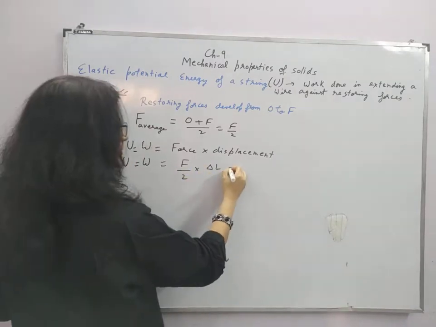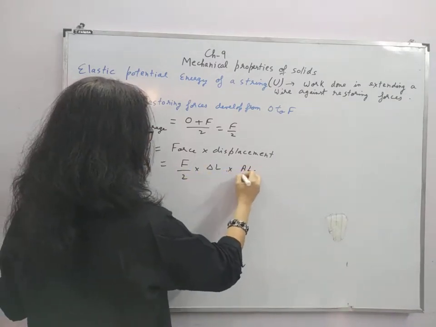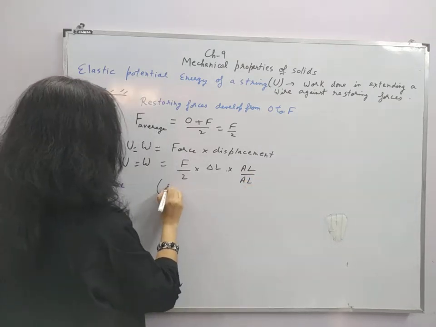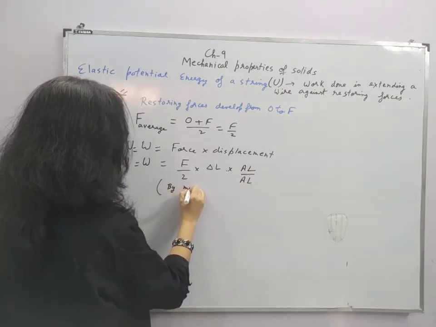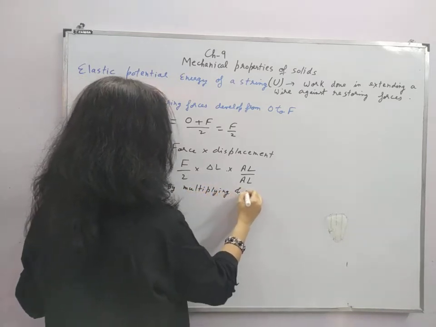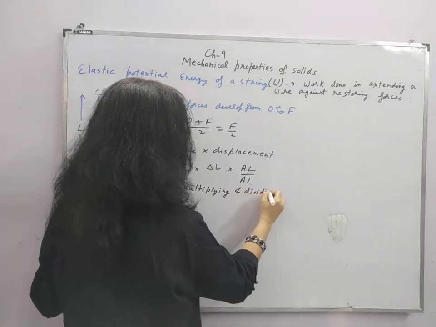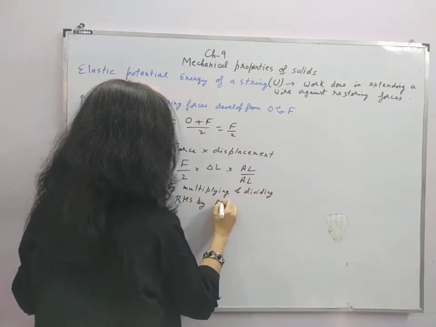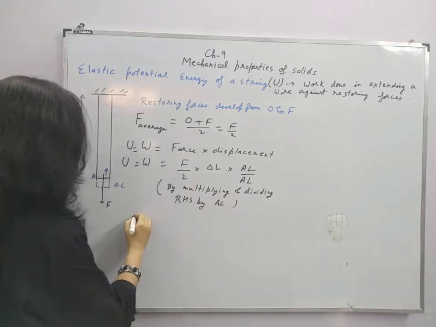So if I multiply and divide the RHS by AL, what will I get?